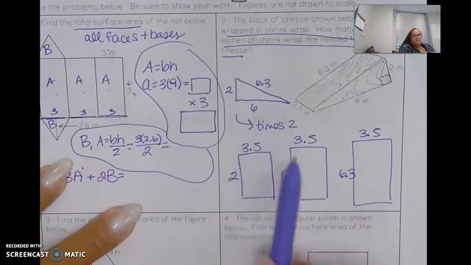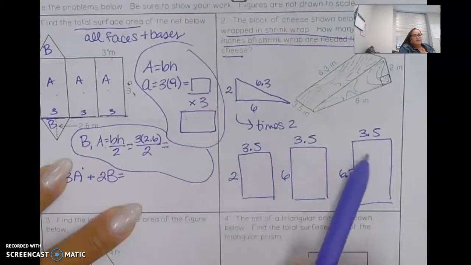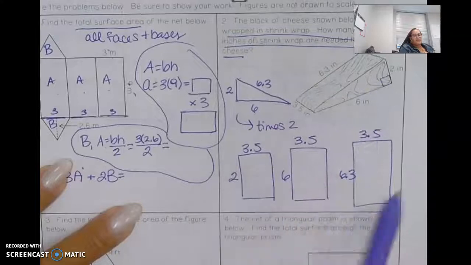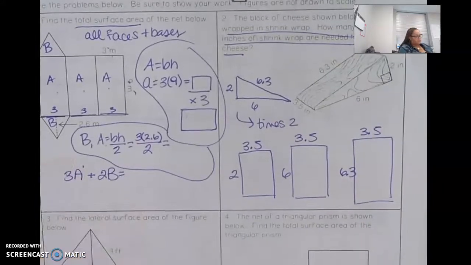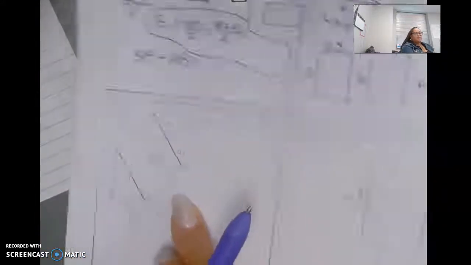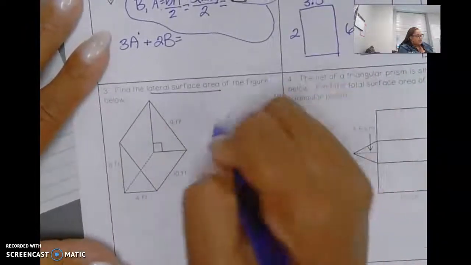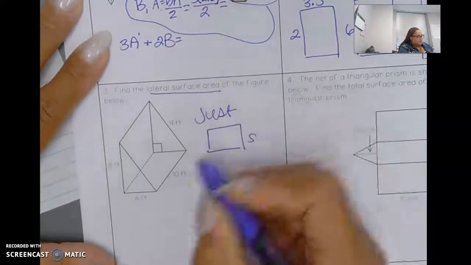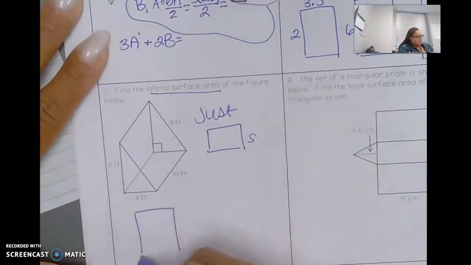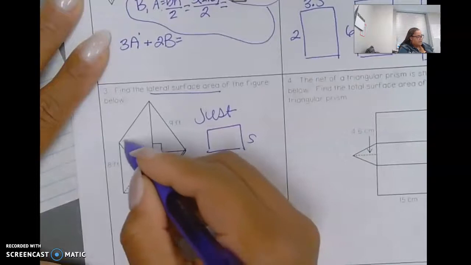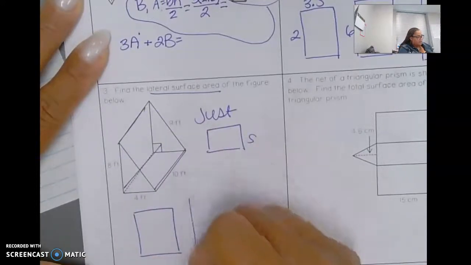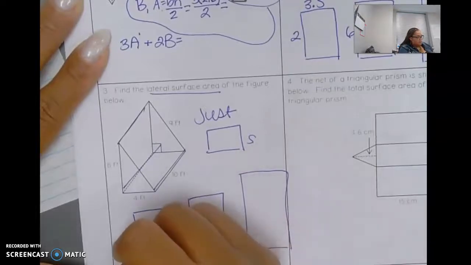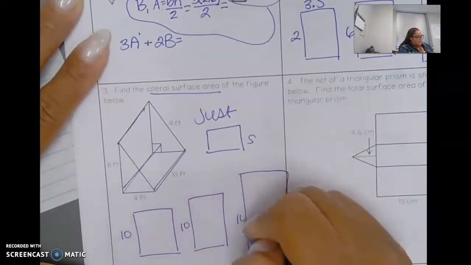And I'm going to take all of these, and I'm going to find an area here, area here, area here, and 2 of these, and then I'm going to add them together to get the total. Down here, I just want the lateral surface area. So that's just the rectangles. And this rectangle, they are all 10 feet long. 10, 10, 10.